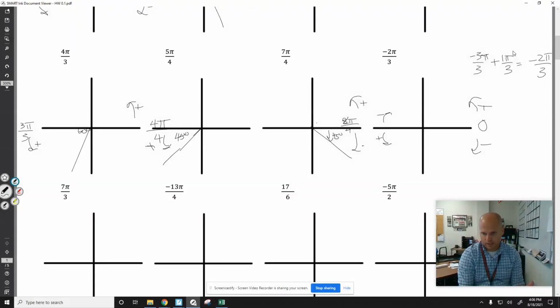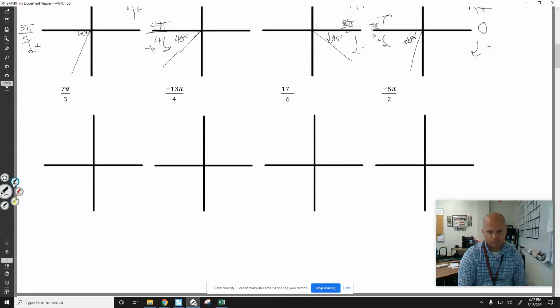Negative 3 plus 1 is negative 2. So you don't want to keep going up, because that'll be subtracting and put us at negative 4 pi over 3. It'll be right down there at negative 2 pi over 3. You'd also start at 0, negative 1 pi over 3, negative 2 pi over 3. 60 degrees.